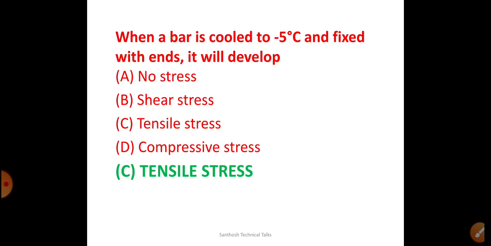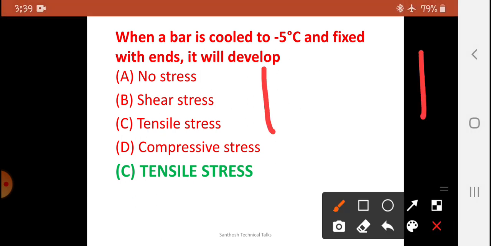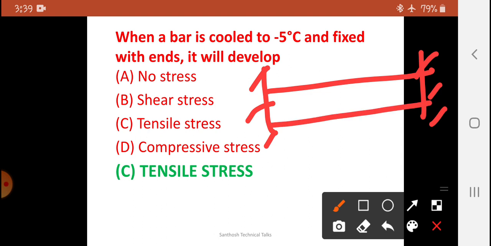So next, when a bar is cooled to minus 5 degrees with the ends fixed, it will develop. Very good question. So a bar is fixed between ends. If we heat the material, it generally expands.